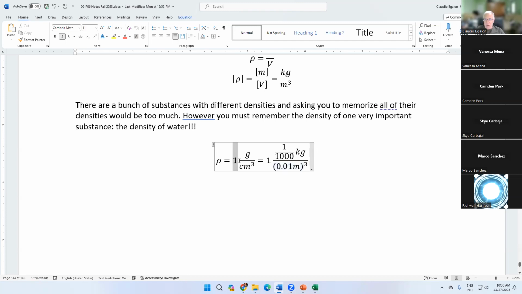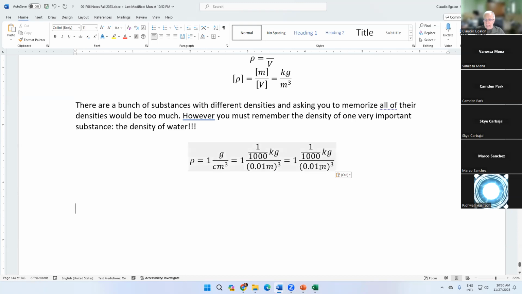That's what 1 centimeter is. So by remembering this easy one, which is just the number 1, but don't forget the unit in gram per cubic centimeter, you can convert from gram per cubic centimeter by doing this simple calculation. Okay.